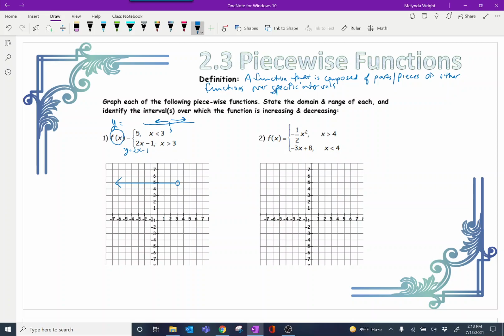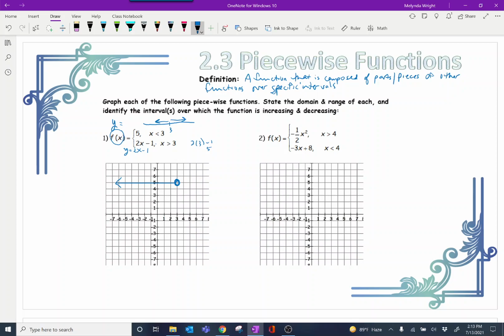Instead, let's just plug in a 3. I know it can't be 3, but we've got 2 times 3 minus 1. What is that? 6 minus 1, so 5. Oh, so it actually starts right here. Weird, same place that one ends. That's not necessarily true for everything. It just happens to be.